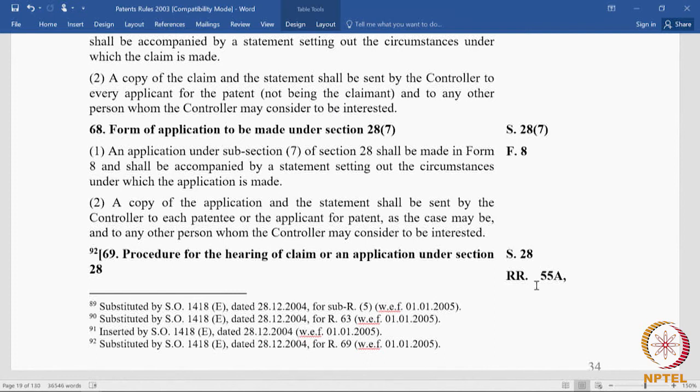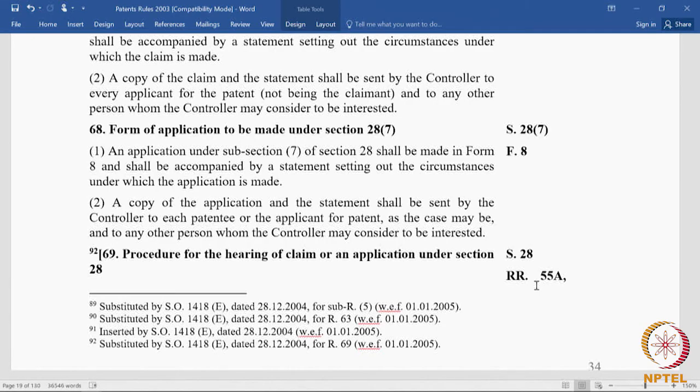28(2) and 28(3) are proceedings before grant, because 28(4) tells us that the request under the foregoing provisions, that is 1, 2, 3 of this section, shall be made before the grant of a patent. So, when we are talking about a 28(7) proceeding for a certificate, it can be either before or after the grant.